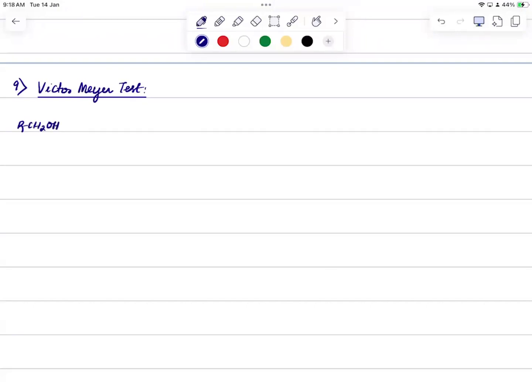If it is a primary alcohol, all of them the procedure is the same. HI, so I will get this as RCH2I. Got it? And AgNO2. Achha, here you can use HI or red phosphorus. You can also use red phosphorus and I2. Got it? The rule is the same.